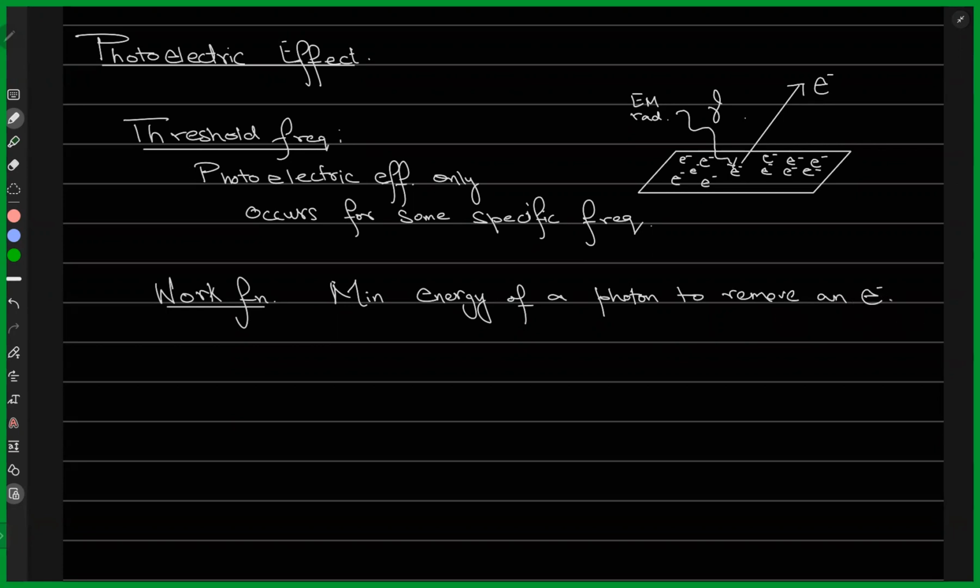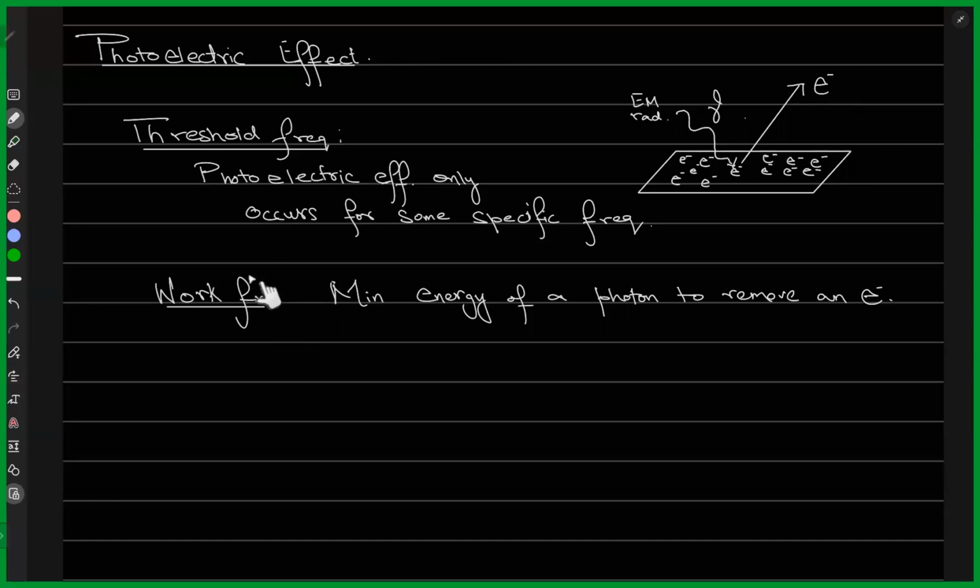And you can see that it would be different for different materials, because for different materials the boundedness of the electrons to that material is different. So for example, for a certain type of material, you would have a higher work function, while for some other type of material, you could have a lower work function. So it is completely dependent on what material we're talking about.